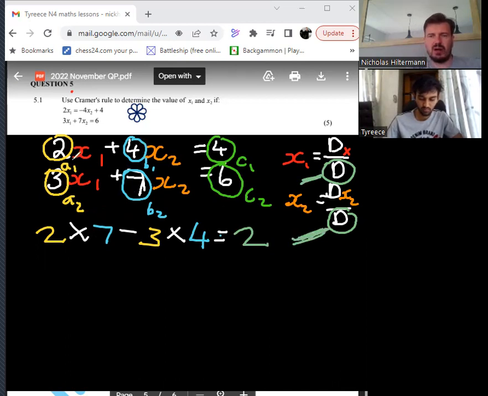Now to get my x1, I use all the coefficients that aren't in front of x1. So because x1 has a yellow, I'm not using the yellow, I'm using the blue and the green. So I say 7 times 4, and then 4 times 6.